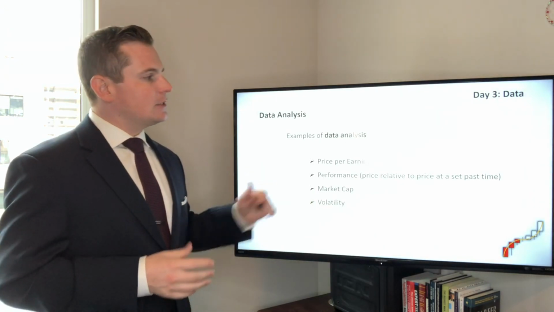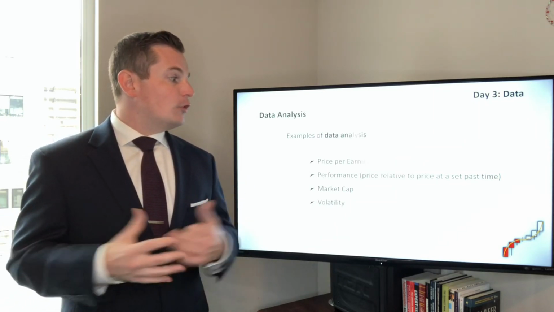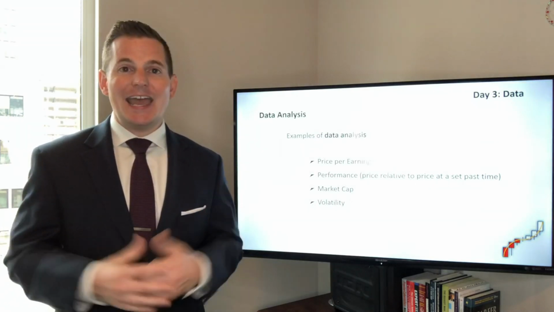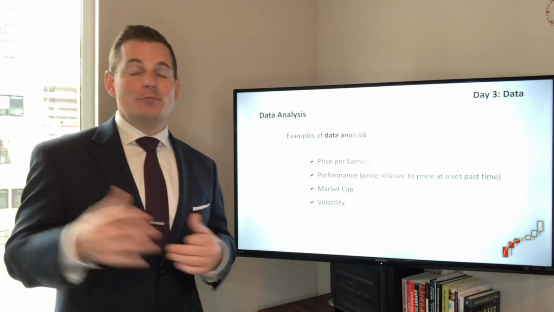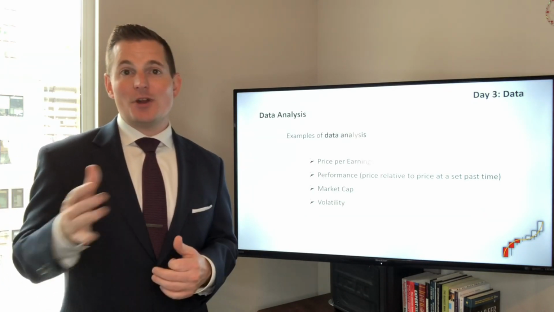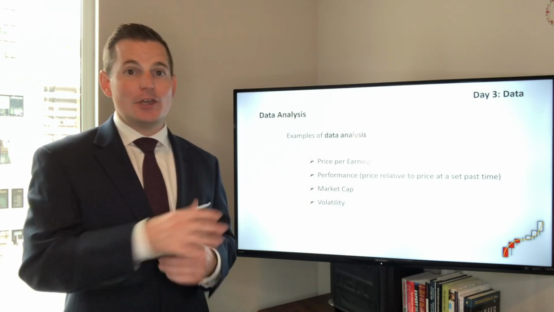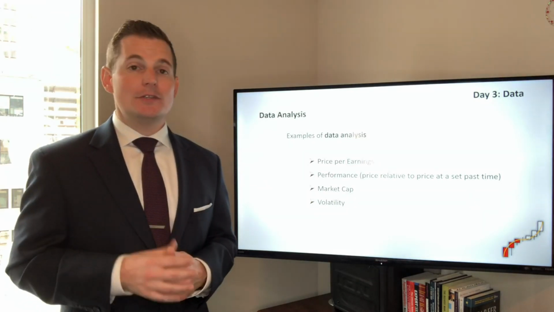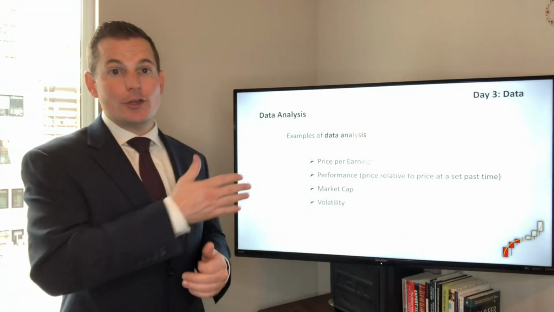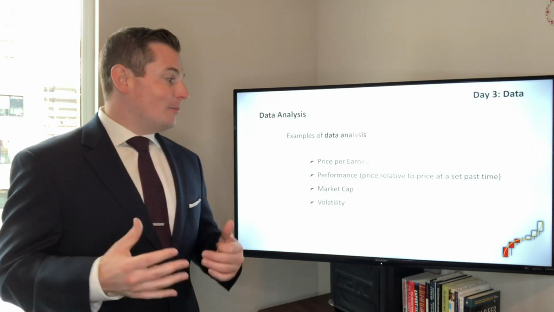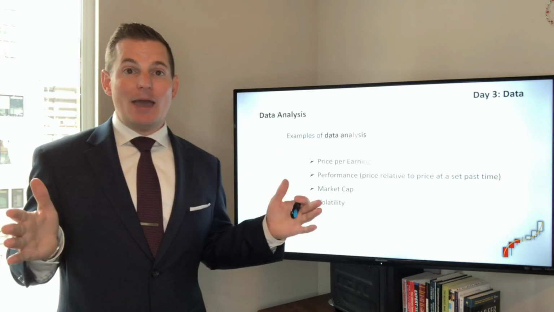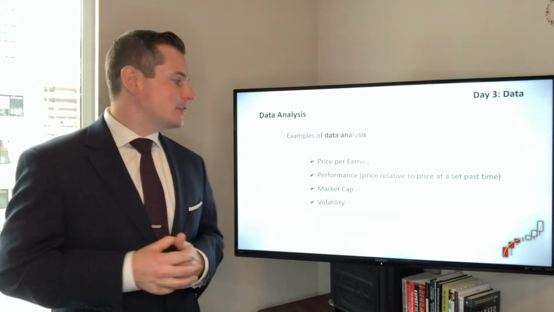And then next is performance. Performance is the price now relative to a price in history, right? The monthly performance is the price now compared to the price a month ago, but yearly performance is the price now compared to the price a year ago. So there are different performance numbers based on the amount of time that has elapsed.